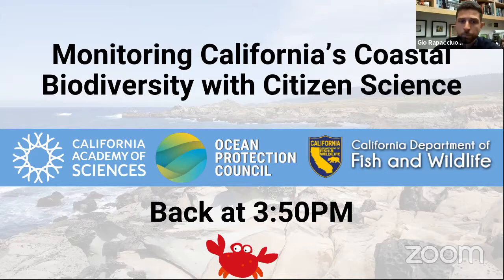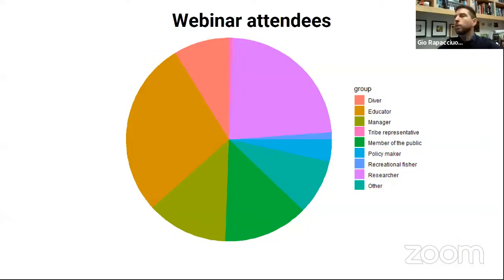So the first thing that I wanted to do is, when you registered here, if you're an attendee of the webinar, we asked you to self-identify in a stakeholder group. And this is the breakdown of what you all responded.